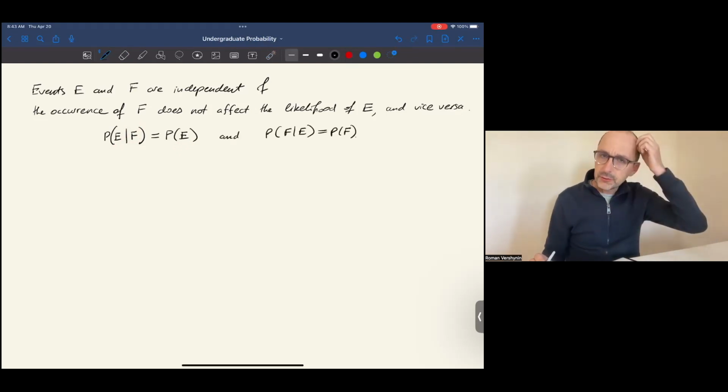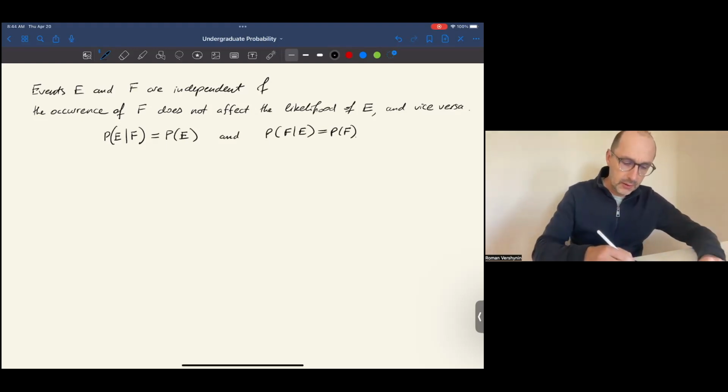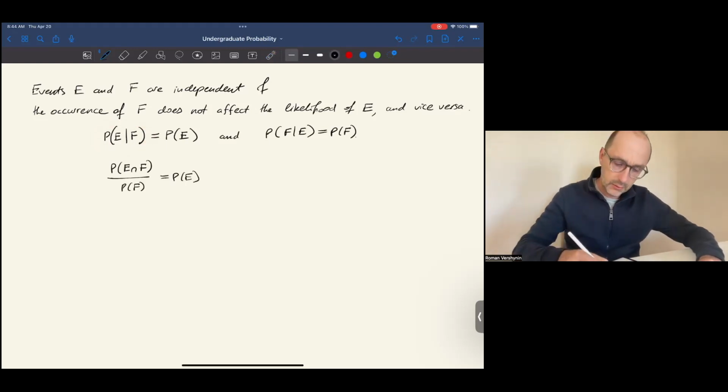Now let's rewrite these two formulas using the definition of conditional probability. By definition, conditional probability is this ratio. And also in the other equation, this is this ratio.